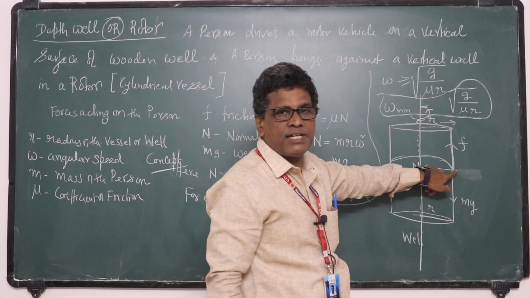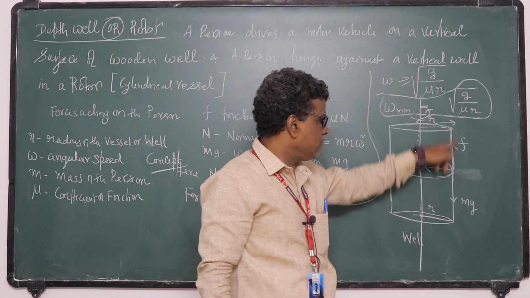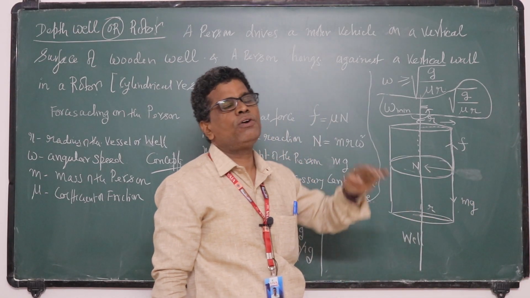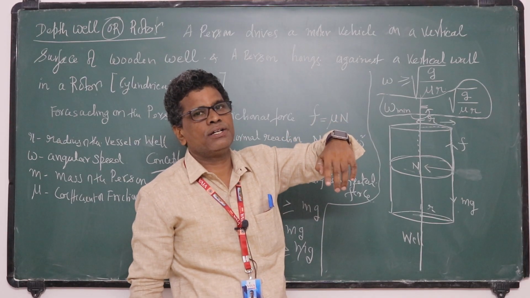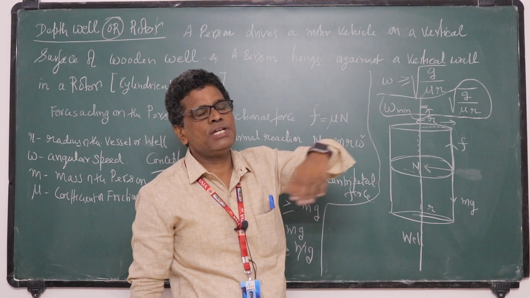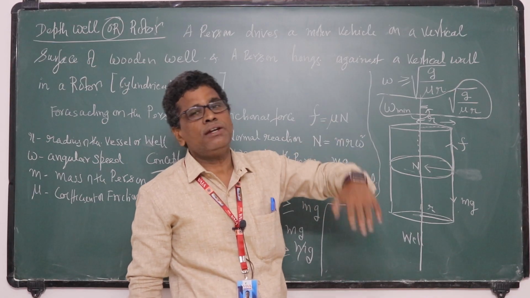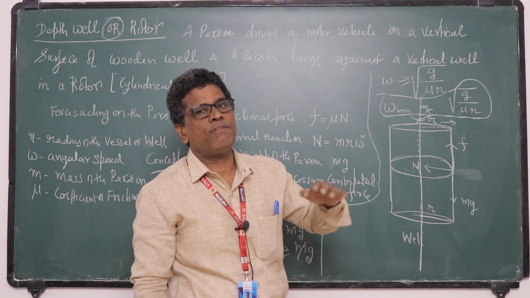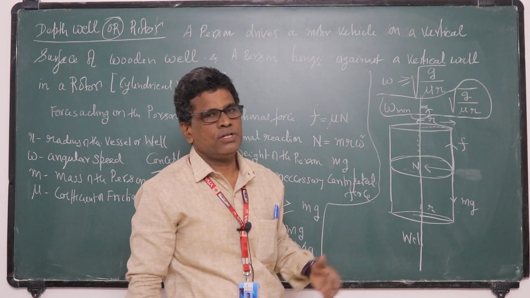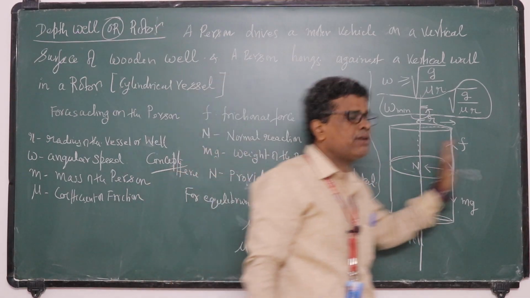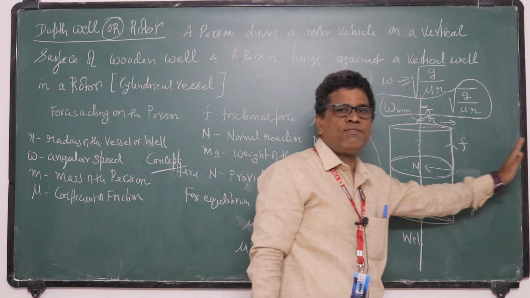So a person at rest can hang against this vertical surface because of the centrifugal force acting on him, that is a fictitious force. Since he is in a non-inertial frame of reference, he experiences centrifugal force. So he is thrown away from the center, like a centrifuge.